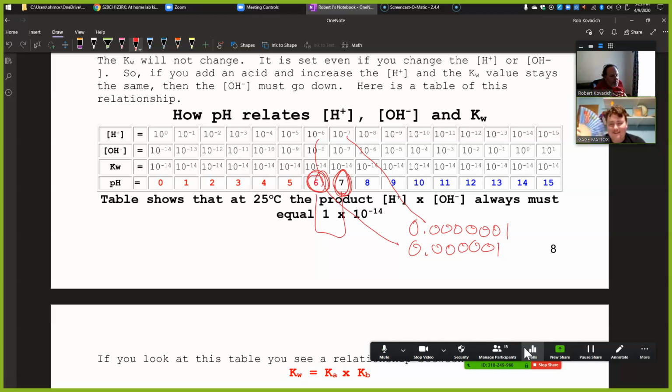Okay, so this is a logarithmic scale. Can you guys think of another scale that's logarithmic? It measures scary things.